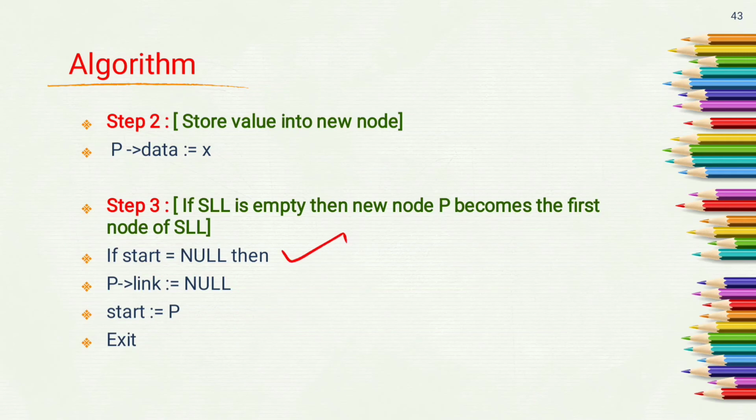So if start equals to null, then p link equals to null, because there is no next node of this node. And then we update the start pointer to point to p node, so I have written start equals to p and exit. So if the linked list is empty, then p will become the new node and start will point to that node. There is no need to perform step 4, so I have written exit.